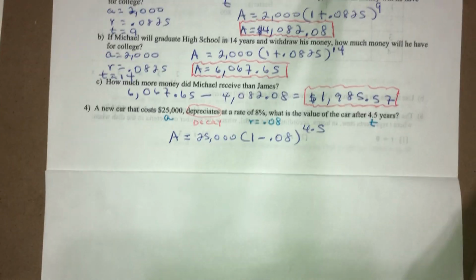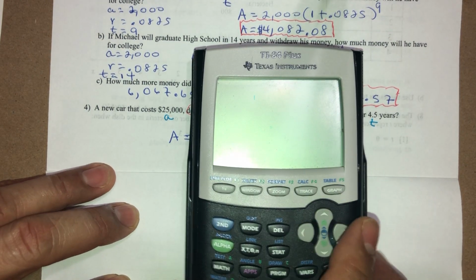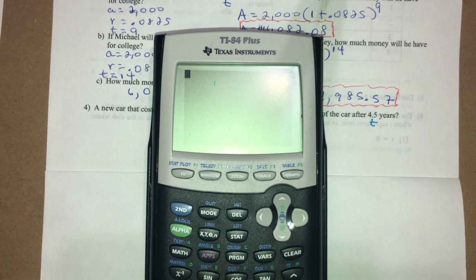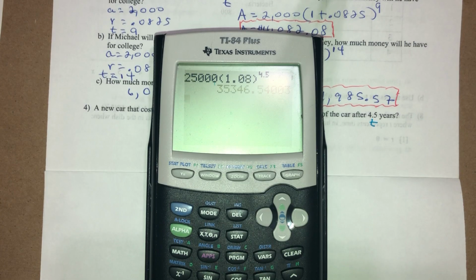It's the same process. Instead of putting plus, you're going to put minus. All right, so let me do it here in the calculator so you can see. I'm going to turn that on, and I'm going to write $25,000, parentheses 1 minus 0.08 elevated to the 4.5. All right, and if I do enter, that's my answer.